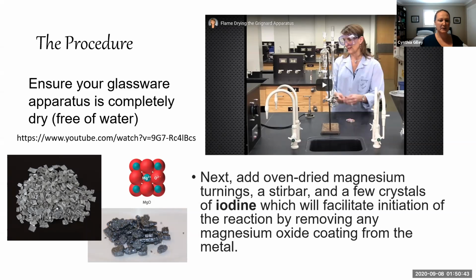And as it reacts with it, it's going to expose deeper pockets of magnesium metal. And the more surface of magnesium present, the faster the formation of the Grignard reagent will be. So it's basically there to remove the magnesium oxide coating and expose larger pockets of fresh magnesium metal to catalyze the Grignard reagent formation.